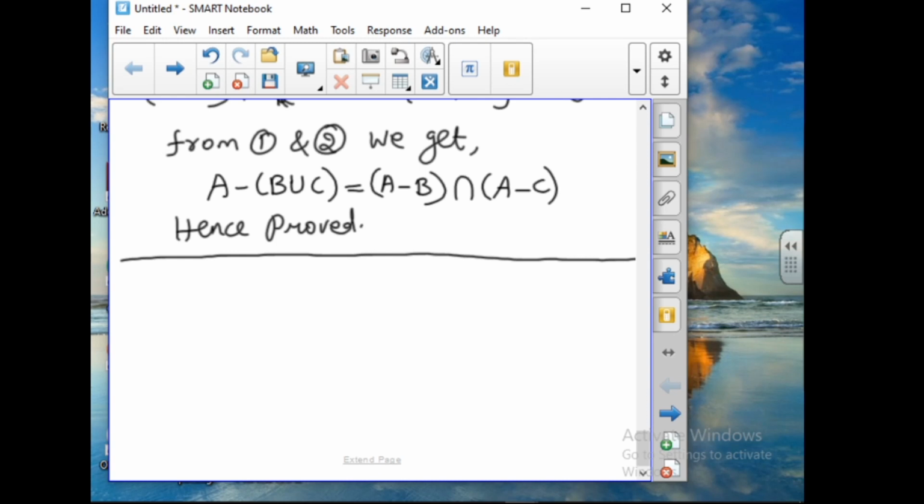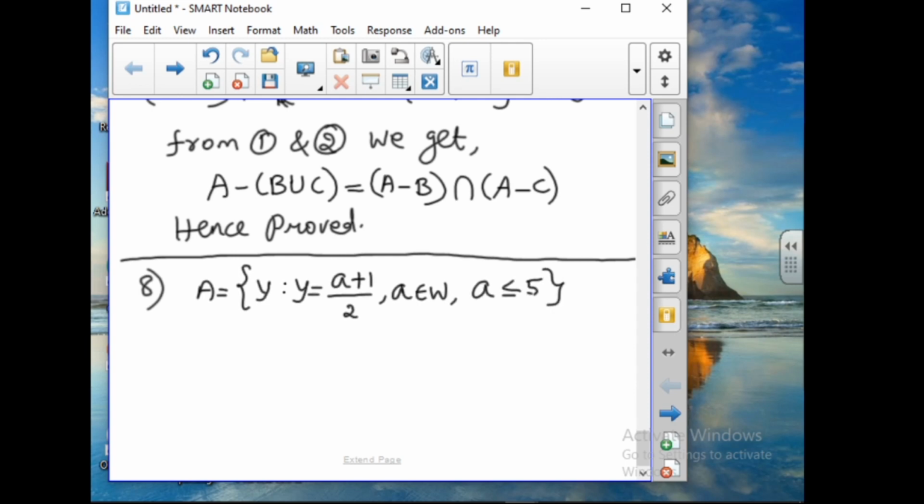Next question, question number 8. If A is equal to {y such that y is equal to (a plus 1) by 2, a belongs to W and a less than or equal to 5}.